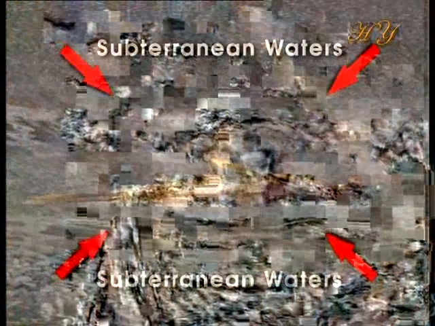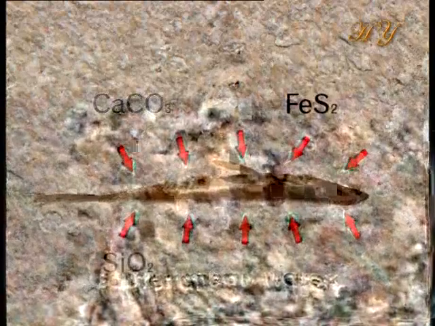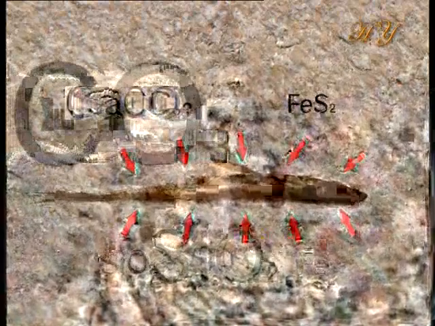Structures such as an animal's bones, shells, and skulls begin to undergo chemical degradation. Subterranean waters begin seeping in, and the minerals in these waters gradually replace the chemicals in the tissues. These materials that replace the chemicals in the tissues are the building blocks of rocks such as calcite and silica.